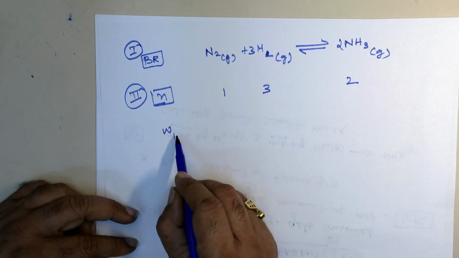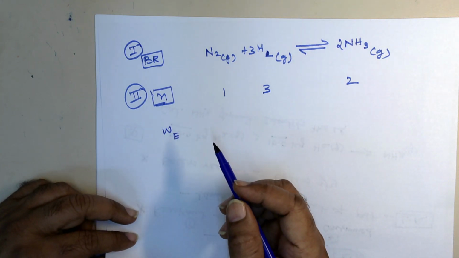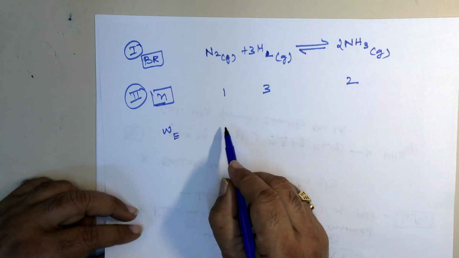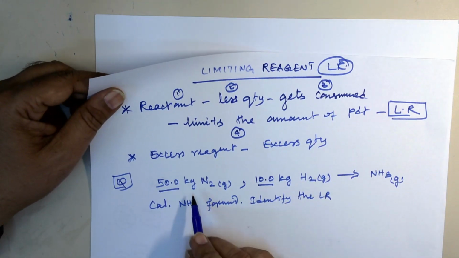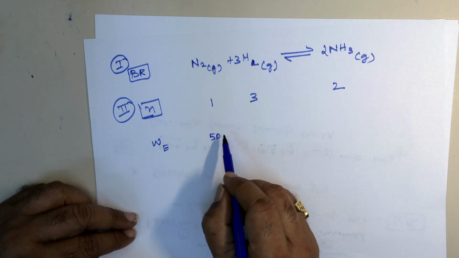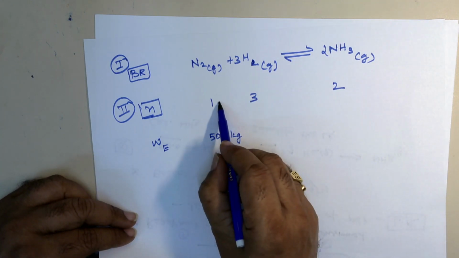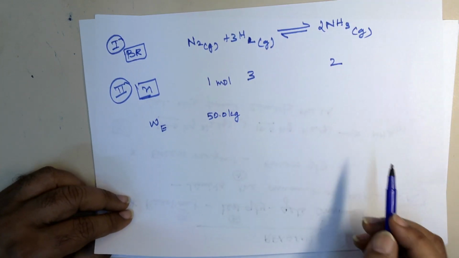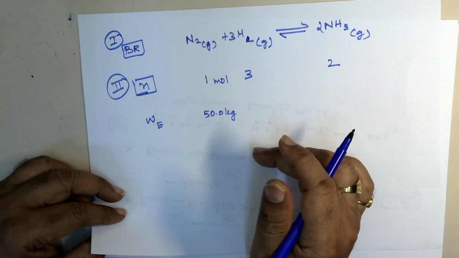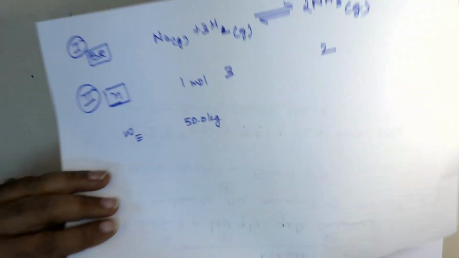This is the experimental weight, we can put WE. Nitrogen is 50 kg, so put 50 kg, and for hydrogen, 10 kg.